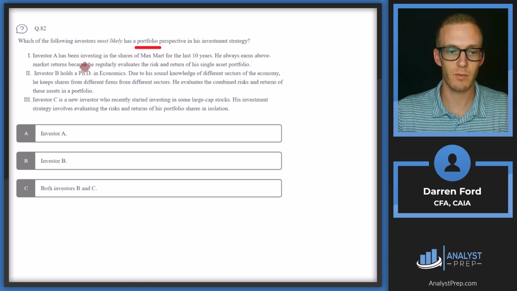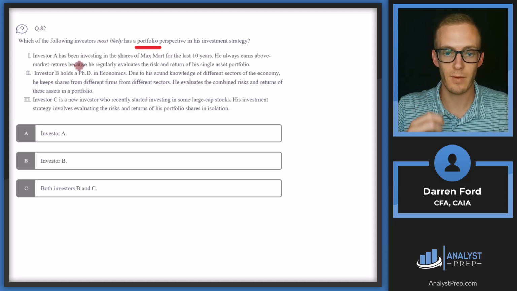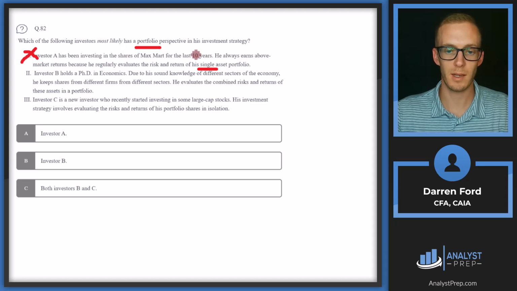He always earns above market returns because he regularly evaluates the risk and return of his single asset portfolio. So one asset is certainly not taking into account a portfolio perspective. I'd argue this is more like speculating in one company, and this one company has done well over time, so they've gotten lucky, but this is definitely not taking a portfolio perspective.